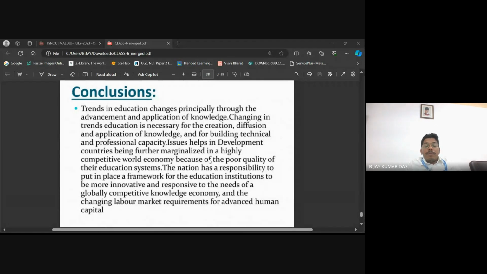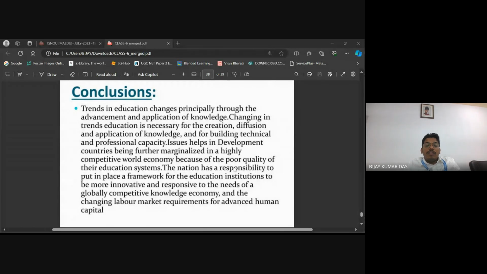Education is necessary for the creation, diffusion, and application of knowledge, and for building technical and professional capacity. So the issues help in development of countries being further marginalized in a highly competitive world economy because of the poor quality of their education system. So if the education system is not of quality and standard, we will definitely have to face the issues. You got it, isn't it?